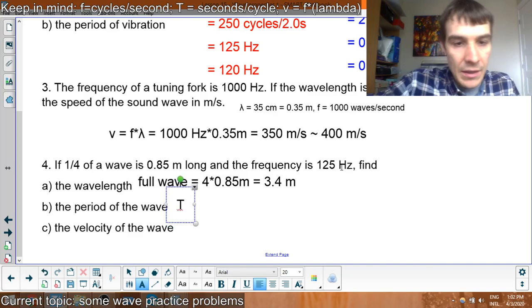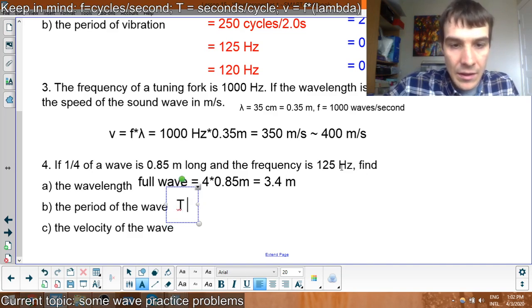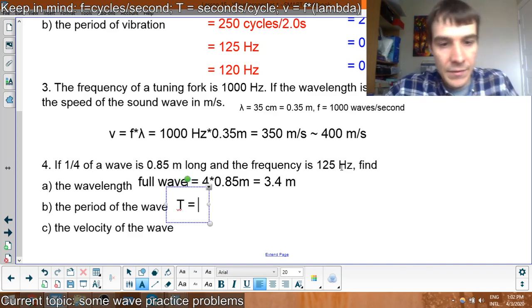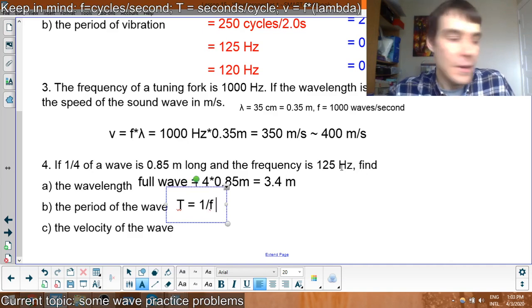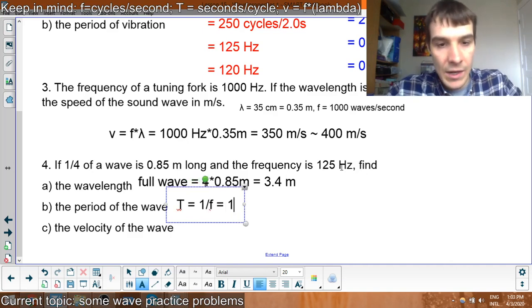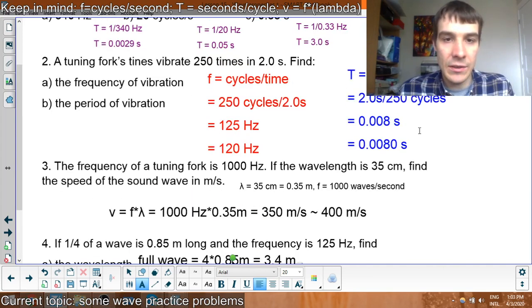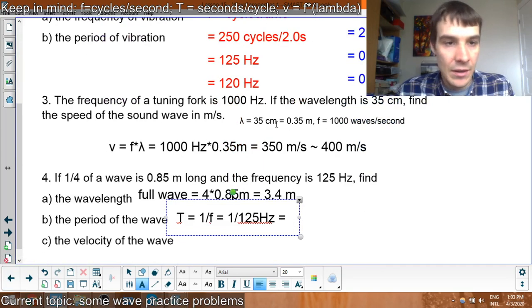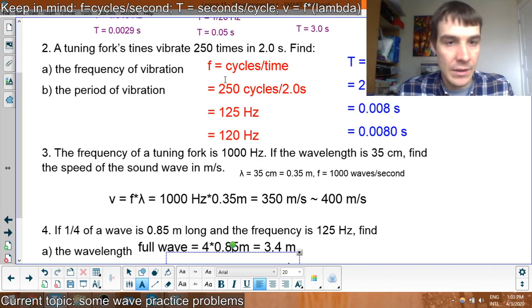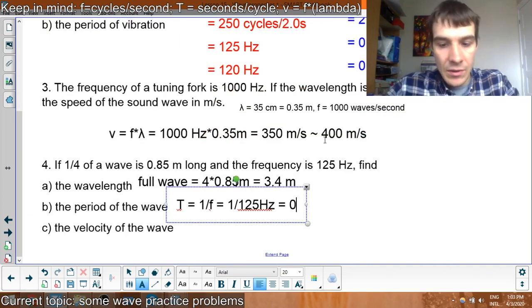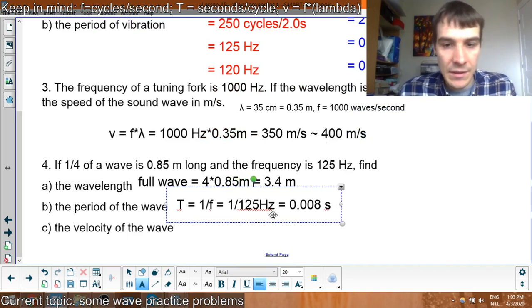So the period is 1 over the frequency, 1 divided by 125 hertz, which we did earlier, it's 0.008 seconds.